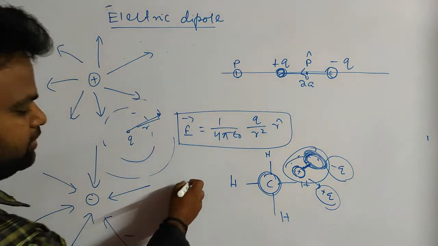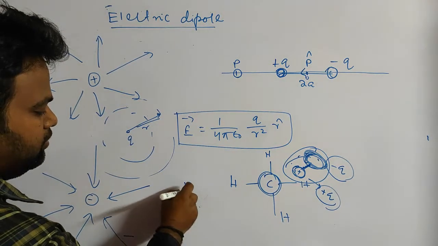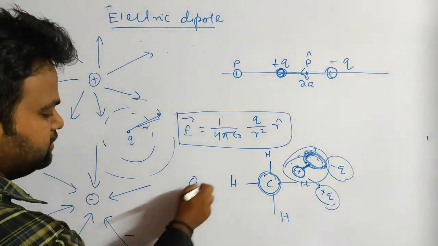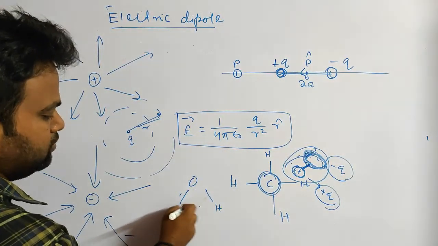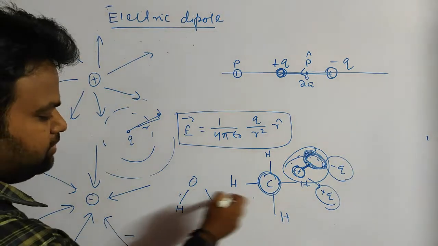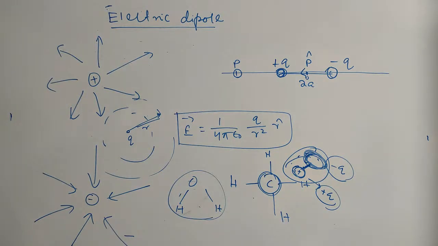Polar molecules are like H2O, with O and H, H. Here the electrons are not distributed in a symmetric way.